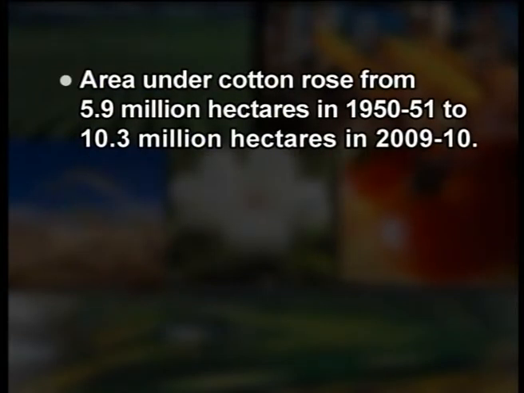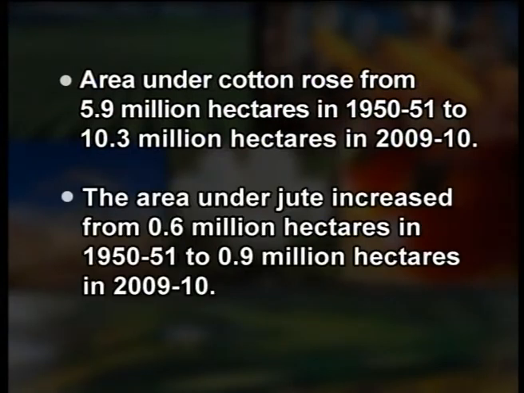Area under cotton rose from 5.9 million hectares in 1950-51 to 10.3 million hectares in 2009-10. The area under jute increased from 0.6 million hectares in 1950-51 to 0.9 million hectares in 2009-10.